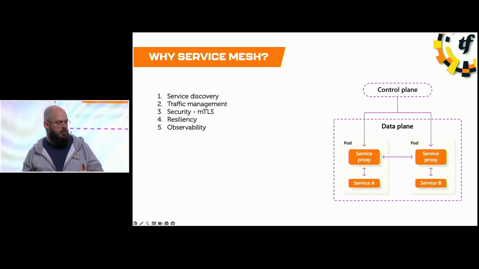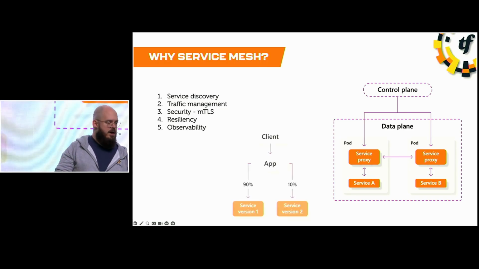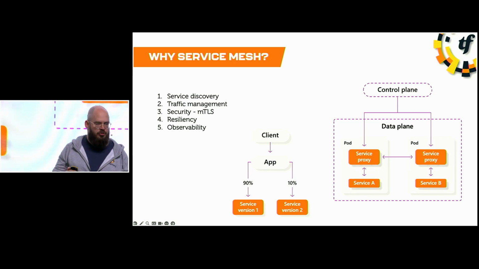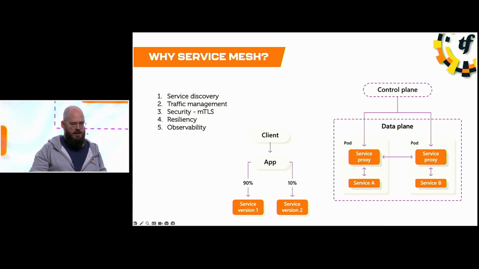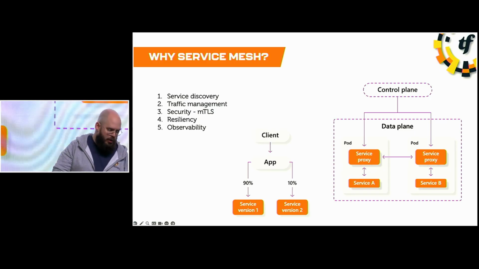We use a service mesh because we want to do traffic management. We want to make sure that if we launch a new version of our application, we can split the traffic and make sure that this new application is actually working the way we intended.